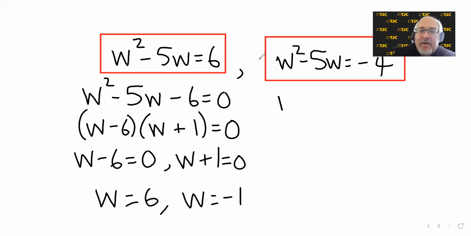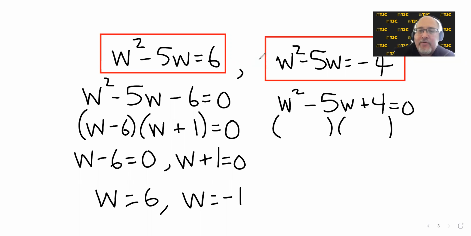Get it equal to 0 by adding 4 to both sides, which gives us w² − 5w + 4 = 0. I'm going to factor. You can get out the quadratic formula. w at the beginning of each factor. And now we need two numbers that add to give −5, but multiply to give +4. Those two numbers would be −4 and −1.